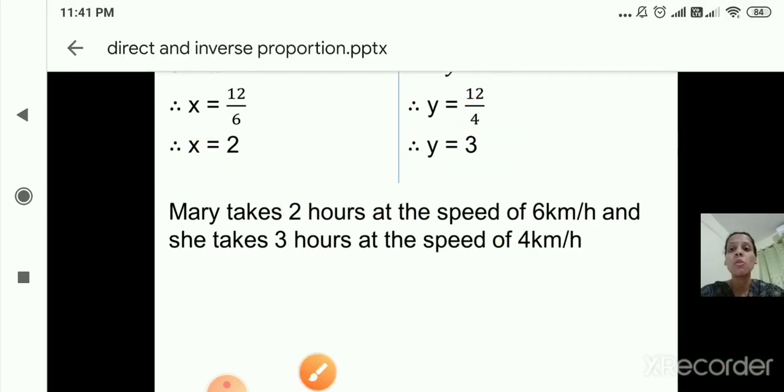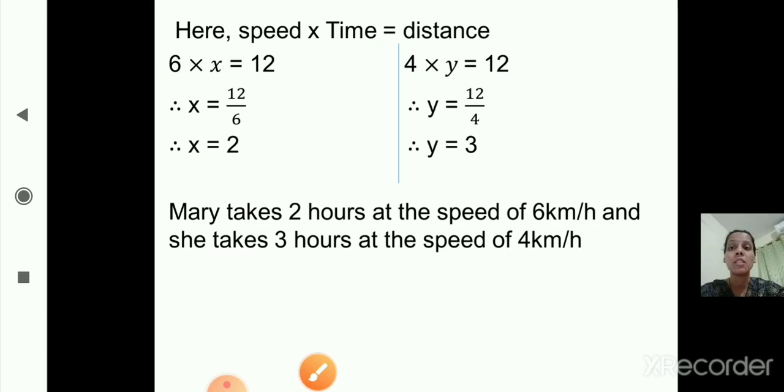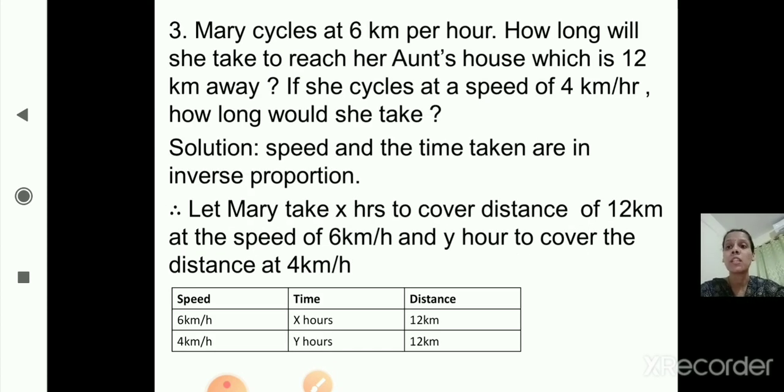So I hope you are clear with this sum. Once again we will see. So in the third one, what is given? The speed and the time taken are in inverse proportion. Okay, speed is given as 6 km per hour. She needs to complete 12 km. So timing we took as X. And for 4 km per hour, the distance is same, that is 12 km she has to cover.